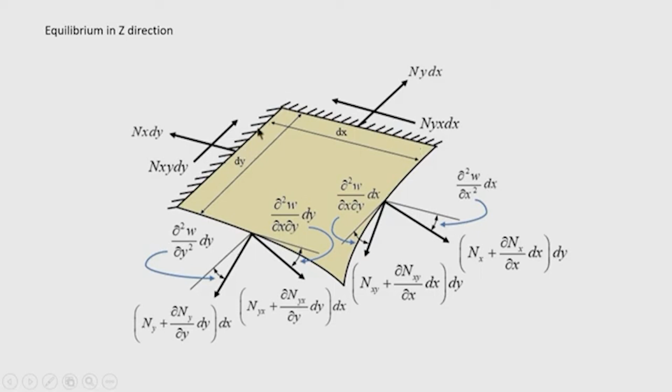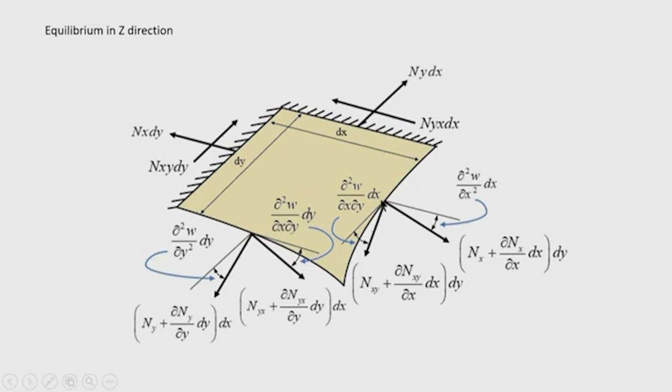Now, let us see the forces that are acting along the edges. On this edge it is n x dy, on the adjacent fixed edge it is n y dx. The membrane shear force here is n y x dx, and on this edge the membrane shear force is n x y dy. Now, let us see the condition at the opposite edges, first along the x direction.